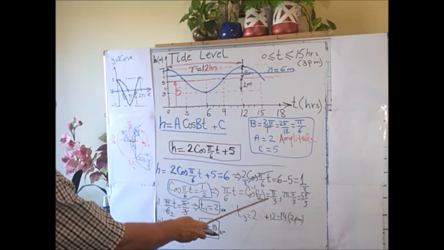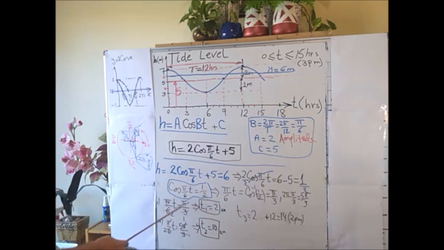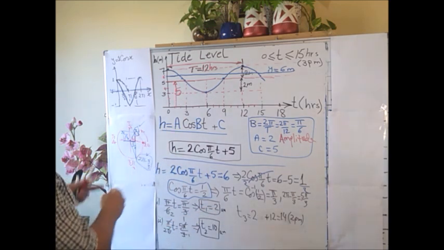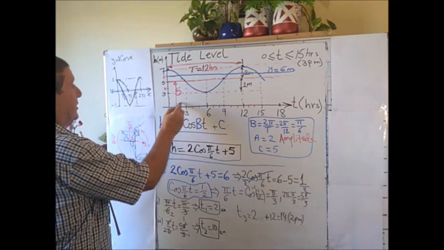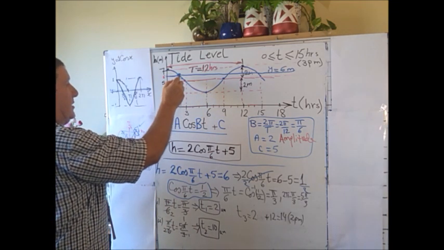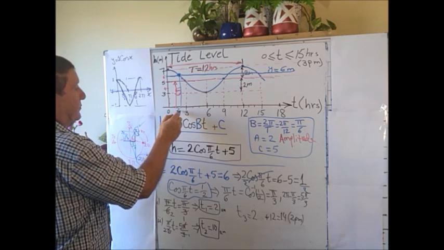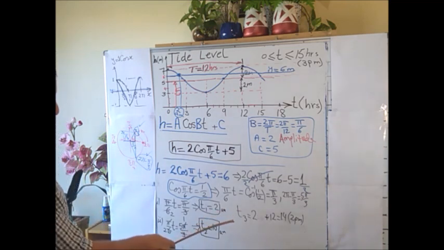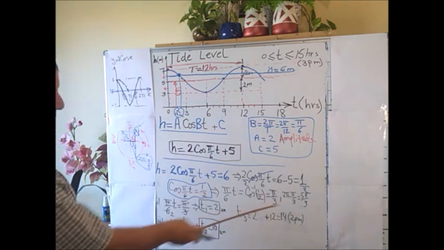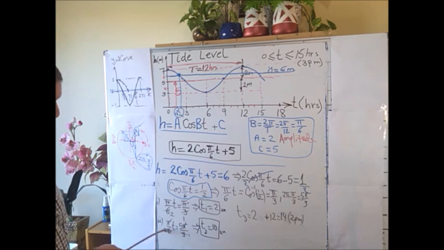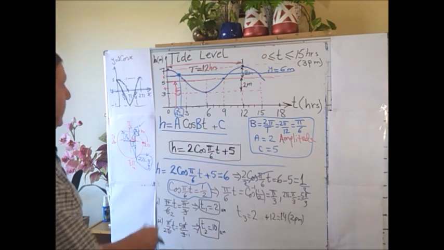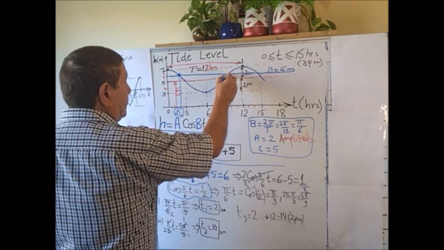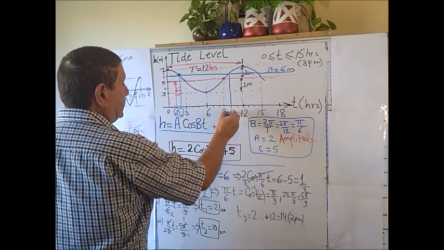Say we take the first one, cancel pi with pi, 3 and 6, 2, and by solving that, t1 equals 2. So that means at 2 a.m. Same thing here. If it is 5 pi over 3, similar substitution, and we get t2 equals 10. So 10 o'clock, which corresponds to 10 a.m.